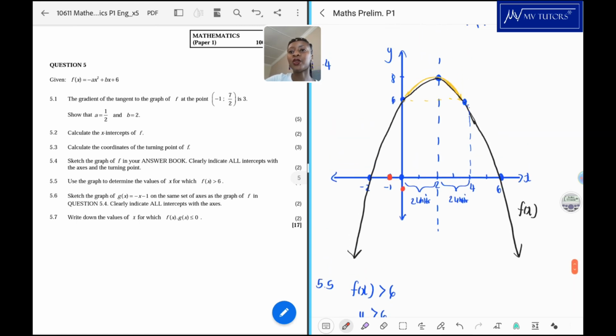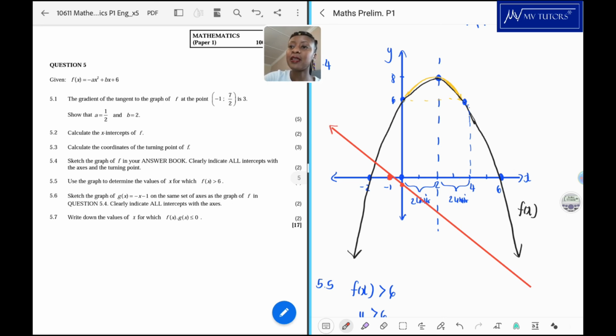And then we need to draw the graph. Let me make it somewhere a bit there. Not that it makes much of a difference. Let's see how we're going to sketch this. Okay, this is how the graph is going to be.